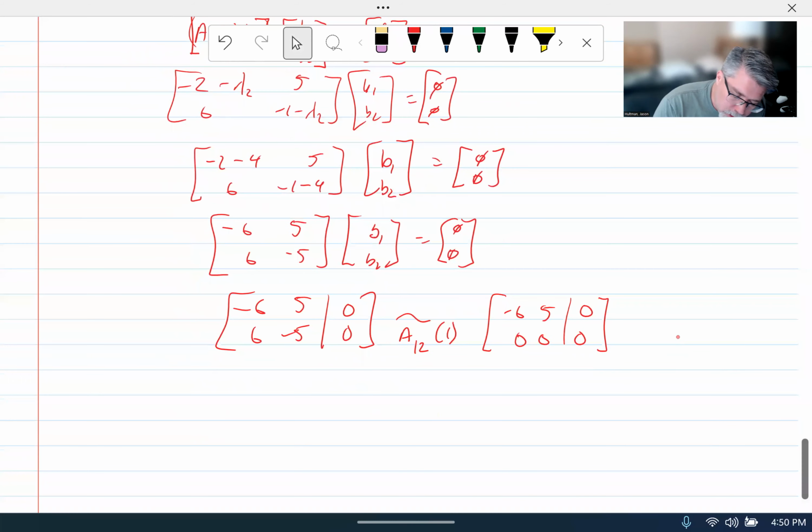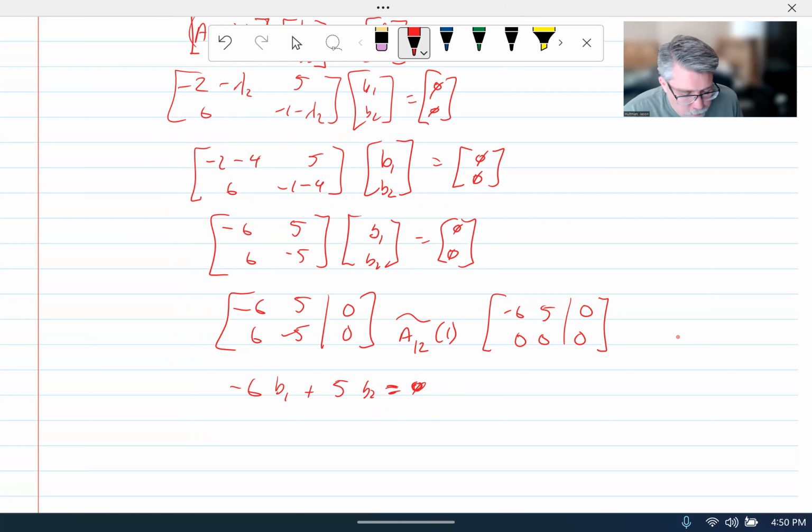So what's my solution? My solution is negative 6 times B1 plus 5 times B2 is equal to 0. That's good.